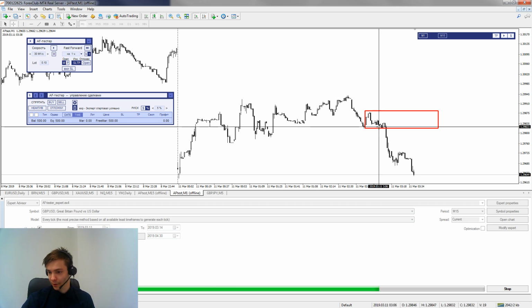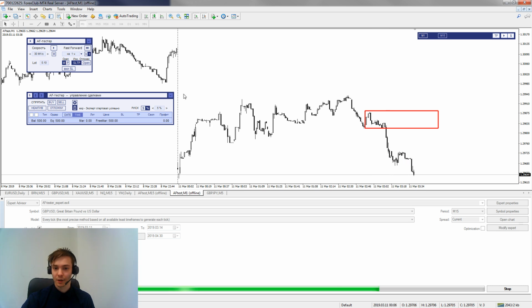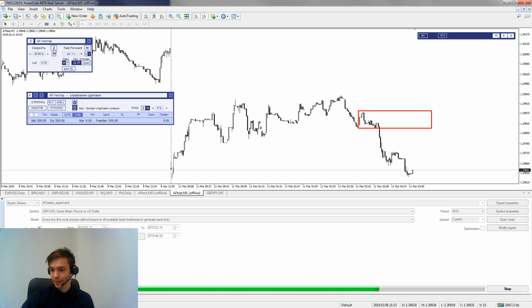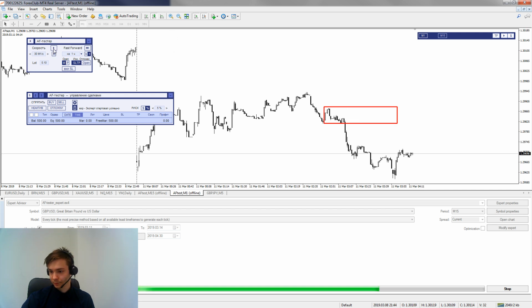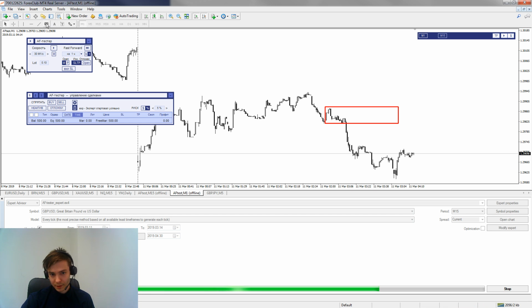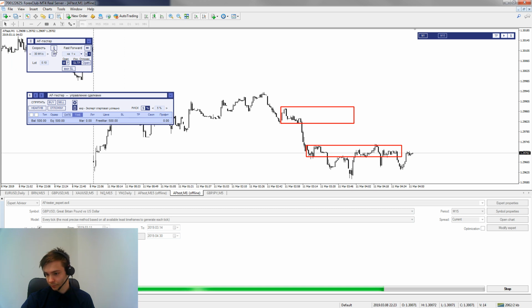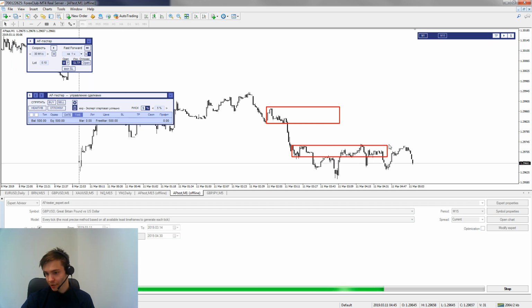We would like to identify 170 pips around. Okay, here we also have a nice zone, but this is not one we would like to trade, but we can definitely check how the market will react on that. You can see the reaction here.